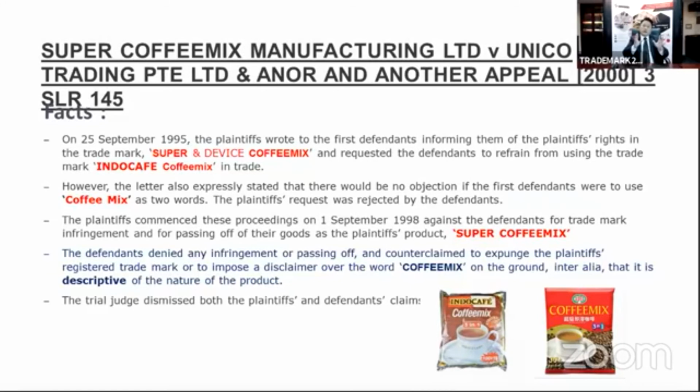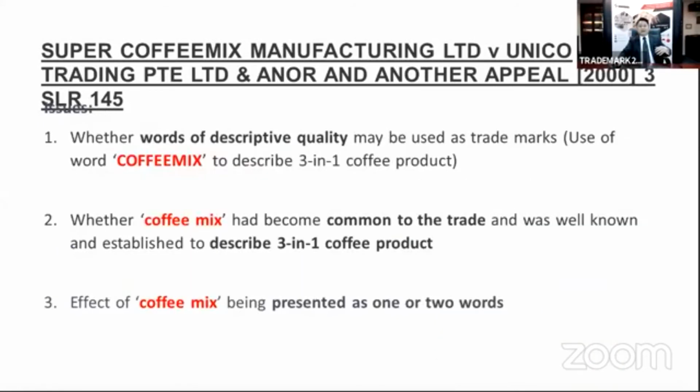Now the court is looking into whether coffee mix should be disclaimed or expunged. The first trial judge dismissed both the plaintiff's and the defendant's claims. And then came the appeal. In the appeal, the court had to decide whether the words are descriptive in nature, meaning the use of coffee mix to describe 3-in-1 coffee products.